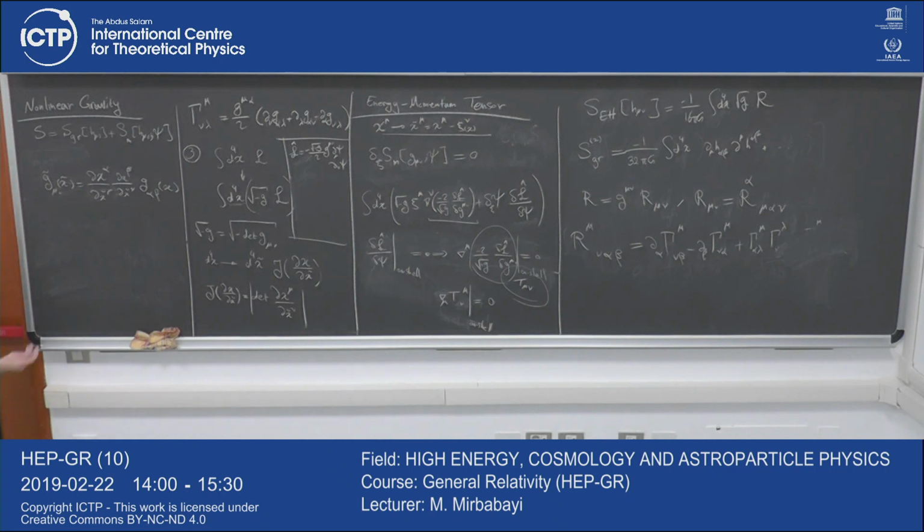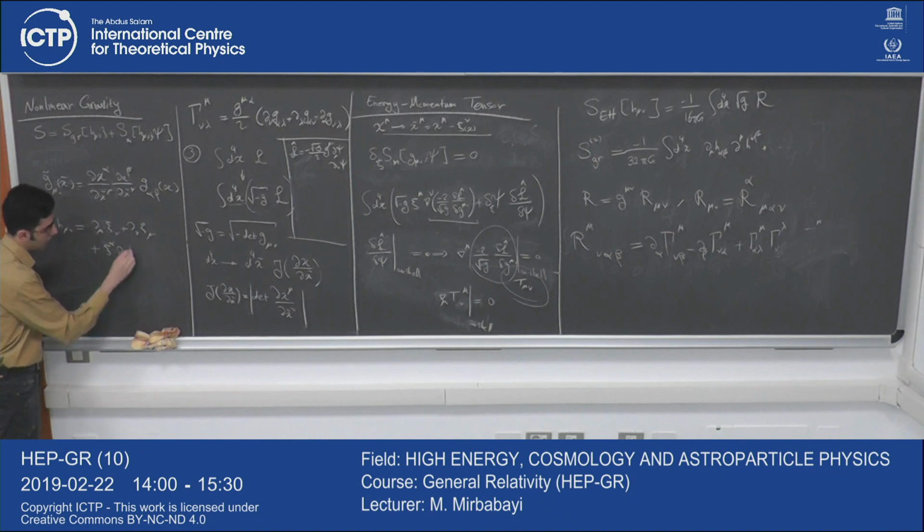So for instance, there was never a term like this in the transformation of h mu nu. If you remember, there was d mu xi nu plus d nu xi mu. Now once you identify this parameter to be the parameter of a space-time translation, there will be an extra term here, which is xi alpha d alpha of h mu nu.